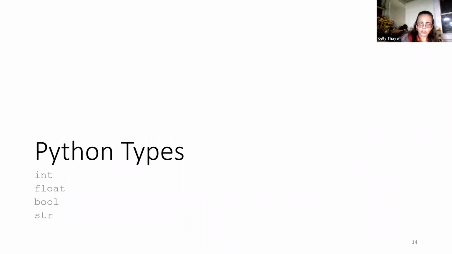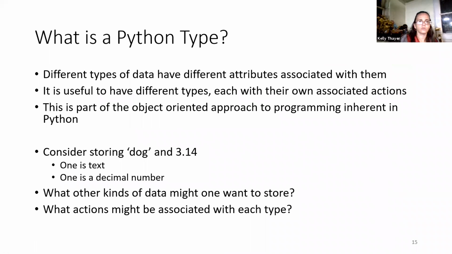So that brings us to our Python types. Let us talk about the different kinds of types that we have in Python. What exactly is a type anyways? Well, the different types of data have different attributes associated with them. You could imagine that numbers aren't going to do the same things as, for example, a particular string of letters. Like maybe you have a variable that stores your name.